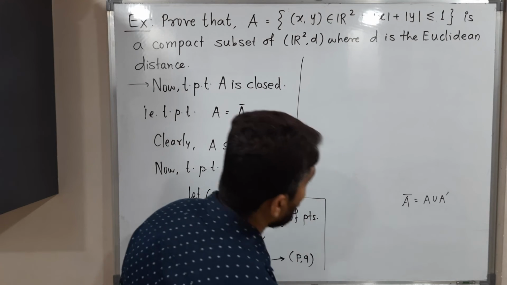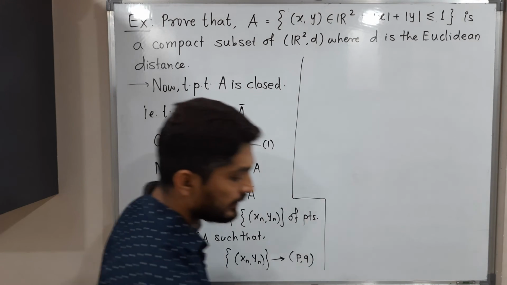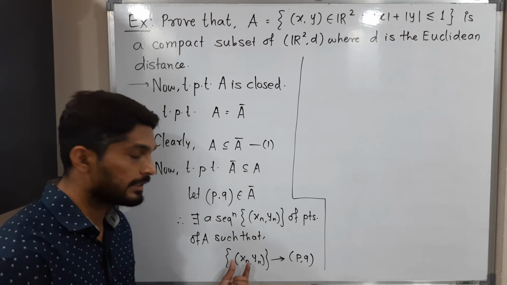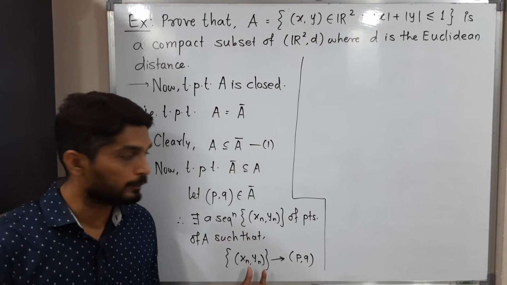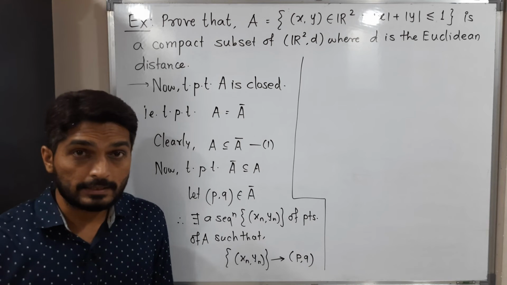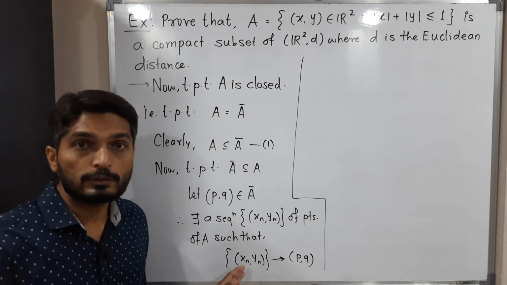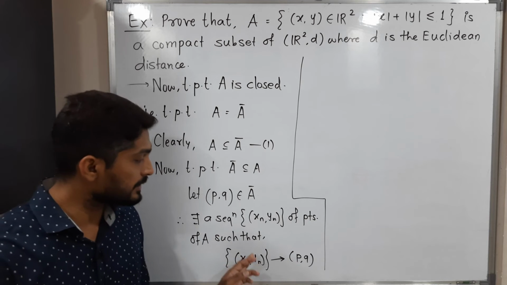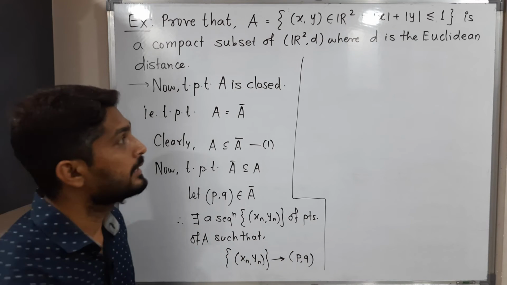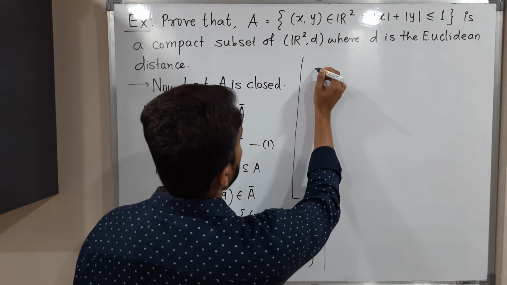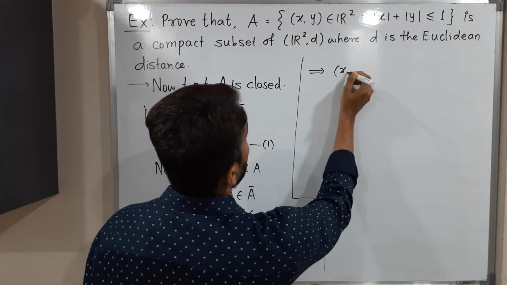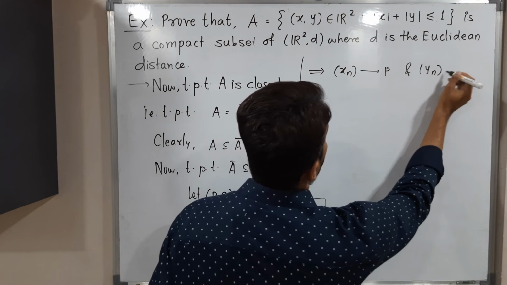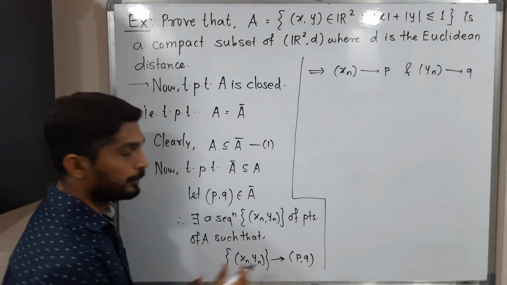We are familiar with some basic results of sequences. If a sequence (xn, yn) in R2 converges to (p, q), it means the sequence of first components converges to the first component, and the sequence of second components converges to the second component. It means xn converges to p and yn converges to q.